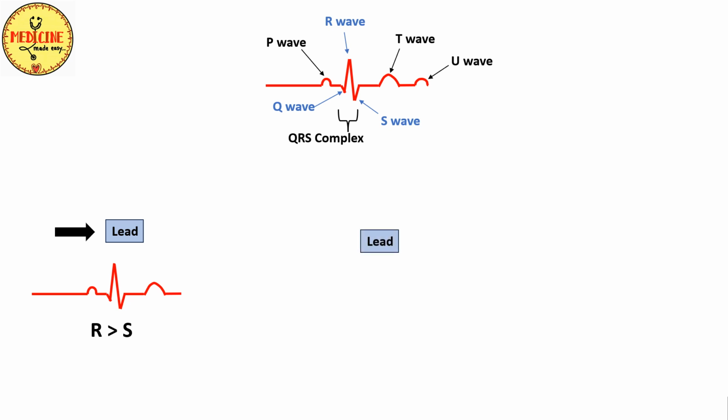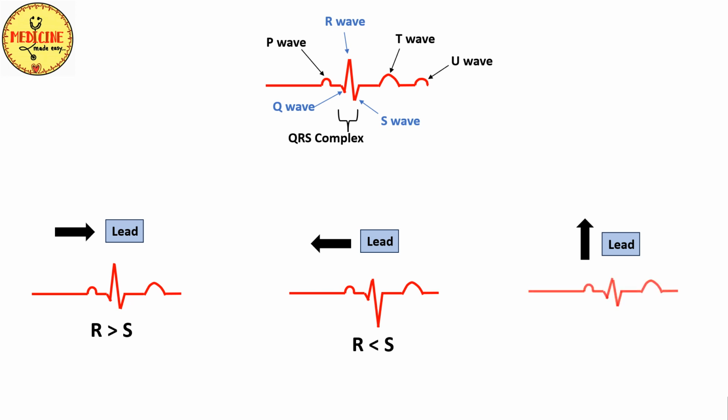The opposite will happen if the electrical impulse is moving away from an ECG lead. Here, the S wave will be greater than the R wave. Suppose the electrical activity is moving in a direction perpendicular to a particular lead. Then the size of the R and the S waves will be equal.